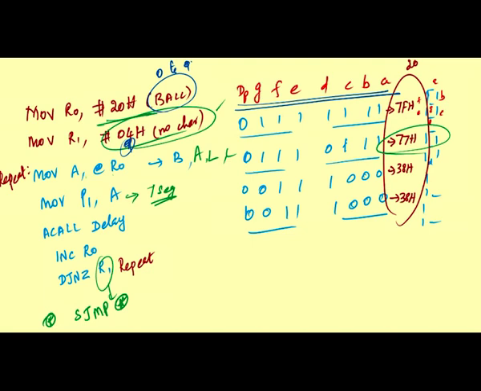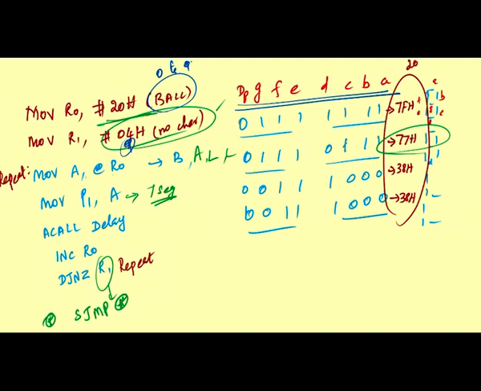Now we have to display the value. To display the value, it should be moved to the accumulator, right. So, the first letter I move to the accumulator: MOV A, @R0. By this the letter B is moved. Where do you want to display it? Suppose in port 1, you will do MOV P1, A. So, now the B is displayed on the 7 segment display.